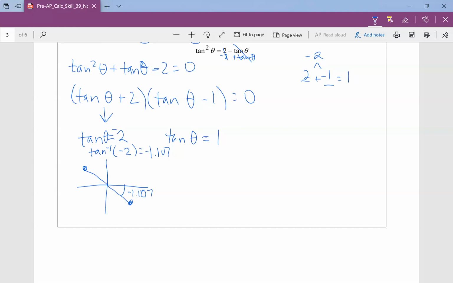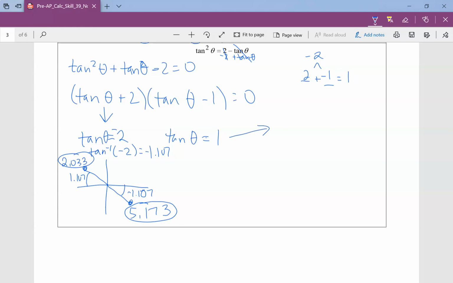I need to add 6.28, which is 2 pi, to get my coterminal angle, which makes this 5.173. Now remember, this reference angle here is also 1.107, so if I take pi, or 3.14, minus 1.107, I get 2.033. Those are going to be my angles for that one.